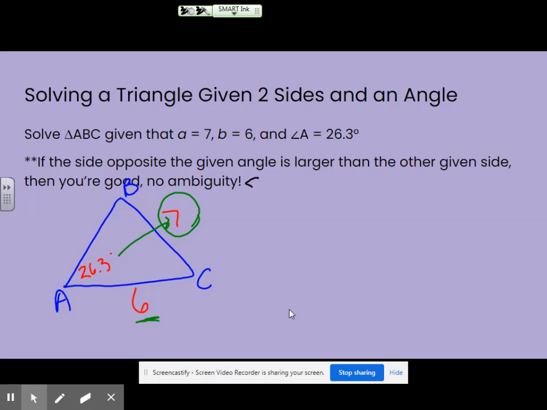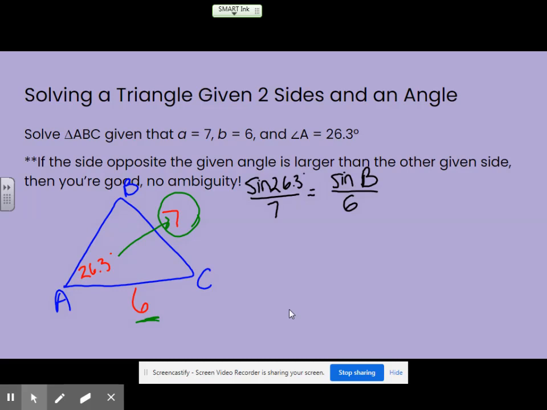But it starts off the same setup. The sine of, I'll work with what I do know this time, 26.3 degrees, our A, over our A side length, equals the sine of, well, we don't know B's angle. We've been calling it capital B, and I'm going to keep calling it capital B, over the piece of it that we do know, side 6.